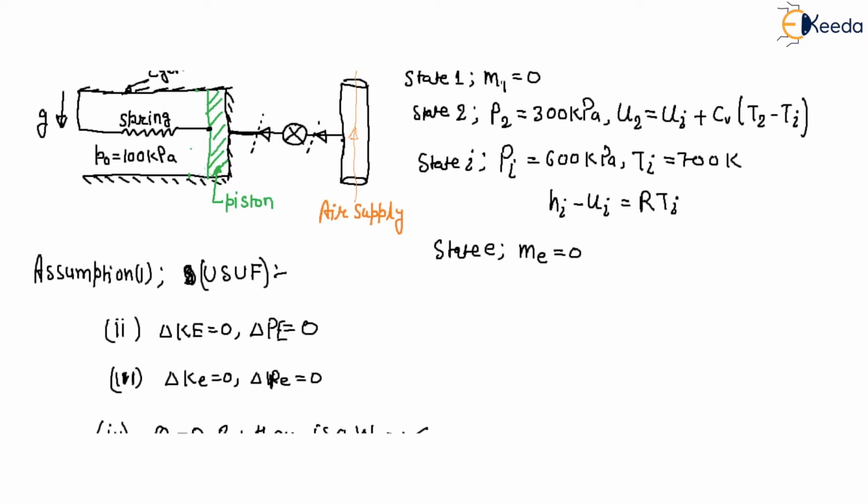See, the inlet pressure is given as 600 kilopascal. That is the pressure of the air in the supply line. If we take i at this point after the valve, due to throttling the pressure will reduce, but by how much from 600 kilopascal is not given.